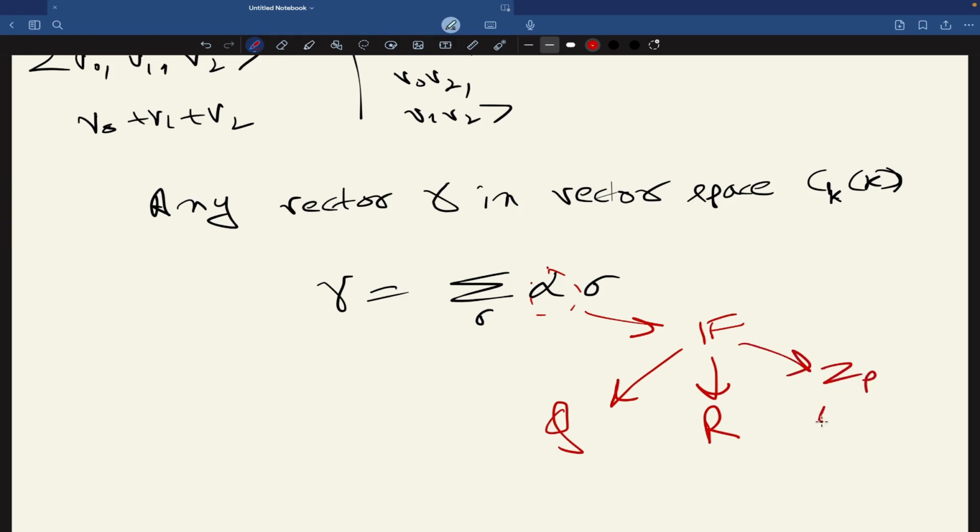In Zp we have numbers from 0 till p minus 1. For example, if p is 2, then we have 0 and 1 only, right? Whatever exceeds 1, we take modulo 2, or for any p, we take modulo p. So 1 plus 1 is 0 in Z2. So this depends upon your definition of how you define coefficients for your chain group.